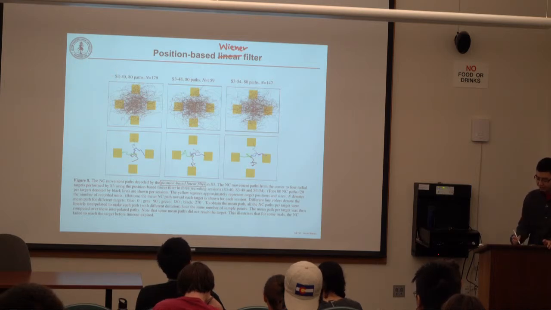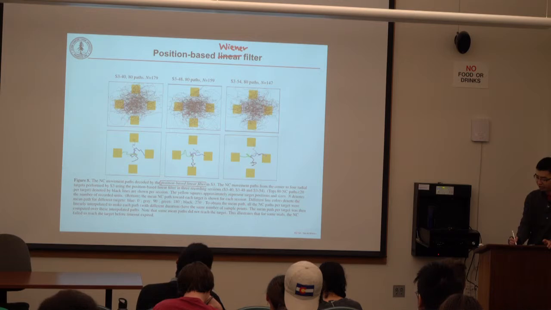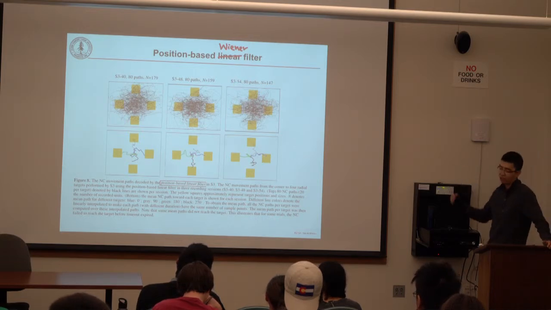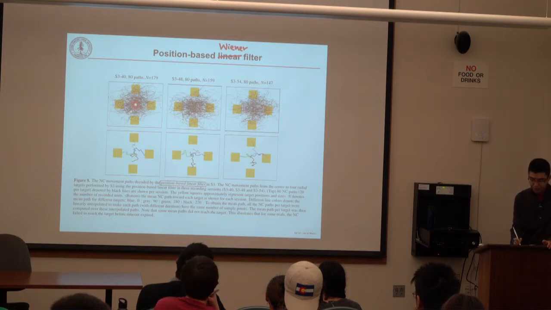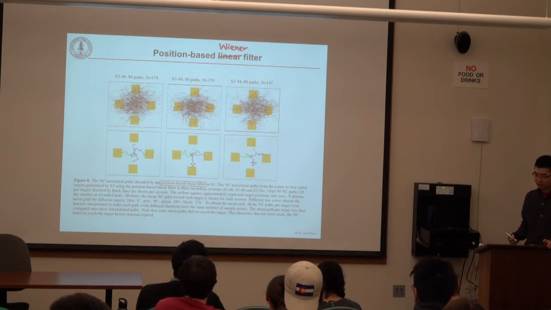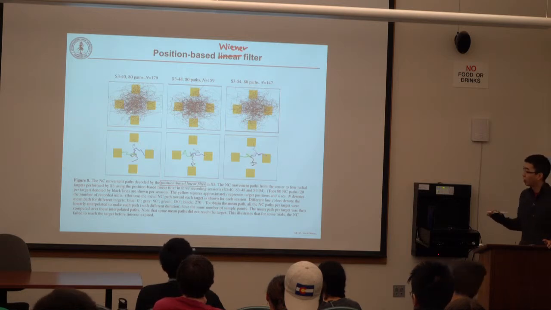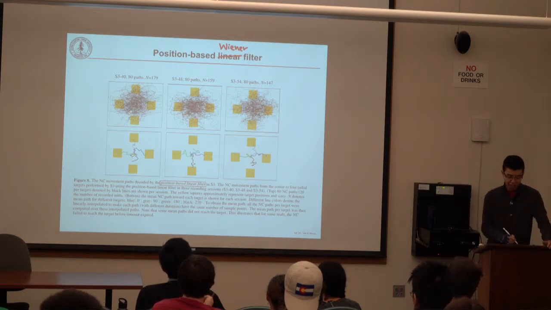For participant S3 across different days, day 40, day 48, and day 54, they used this Wiener filter decoding position. And this jumbled mess that you see are the individual trials where they updated the position of the cursor based off of this Wiener filter. Right below it, all we are plotting here are the average traces of those trajectories to each of the 4 directions.